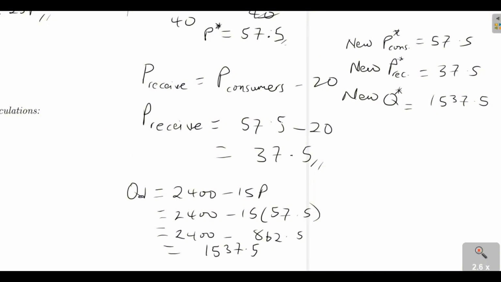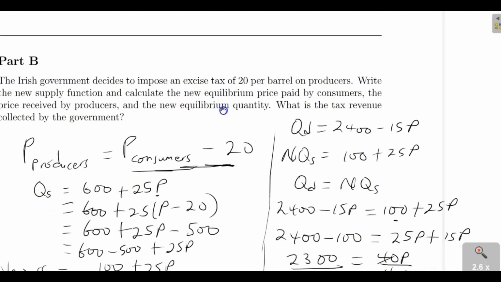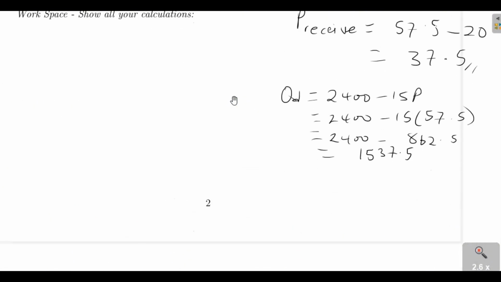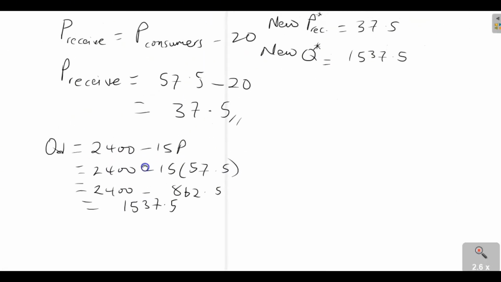So the next thing is to find the tax revenue. Let me go back to the question and see what it asked. Yeah, the next thing is, what is the tax revenue collected by the government? That's very simple. We know the tax that was imposed was 20 euros.